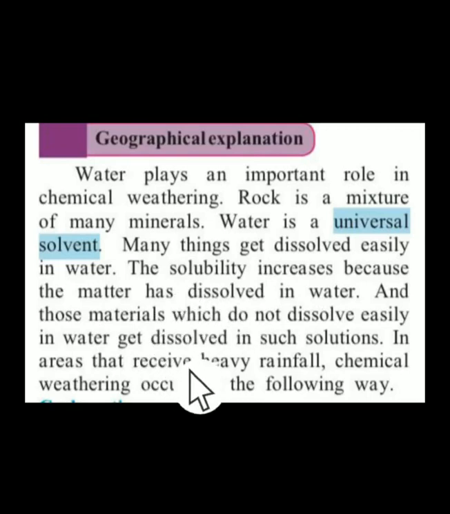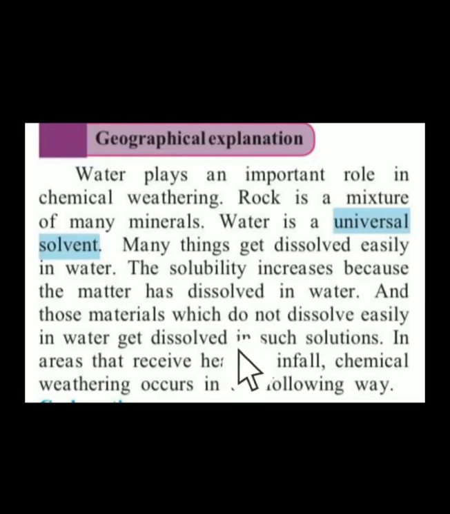Rocks are also made up of various minerals, and some of these minerals get dissolved in water. The effect after these minerals get dissolved in water is called chemical weathering.